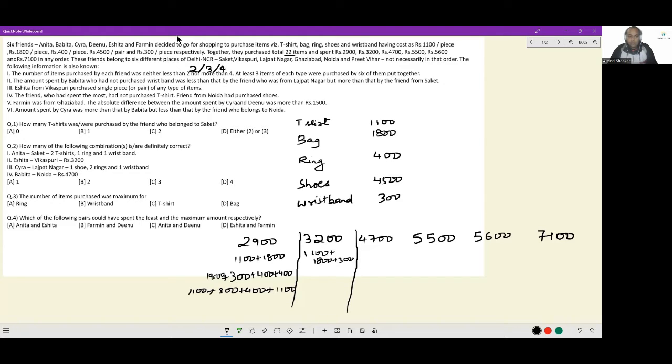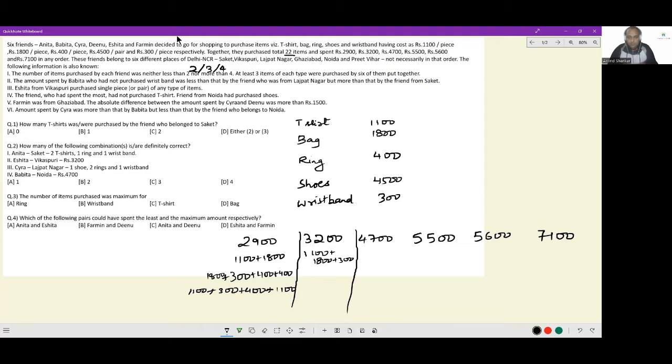From 1800 you need 1400. So 11 and 3 can do that. Nothing else can. Or 2 4s and 2 3s and 180. That would be 5 items. That is not allowed. With 4500 we don't have to care. With 300 we don't have to care.